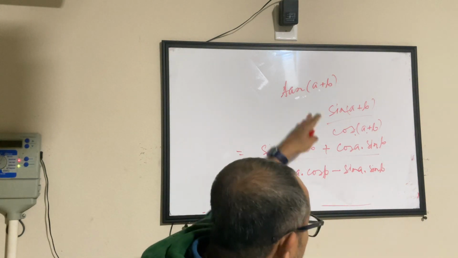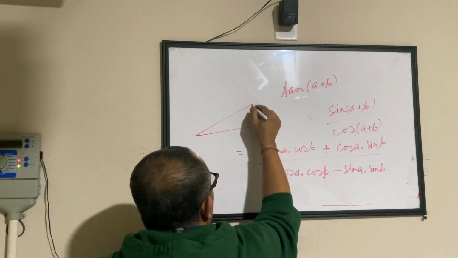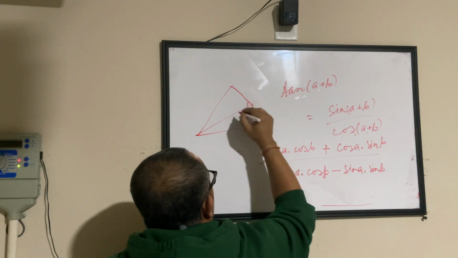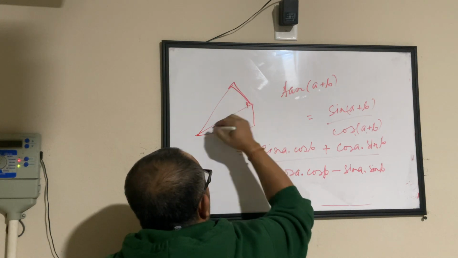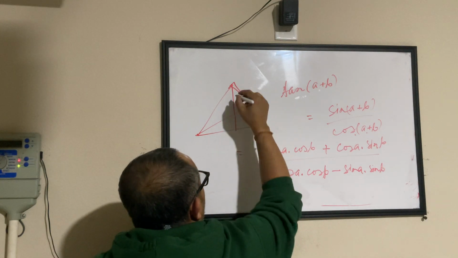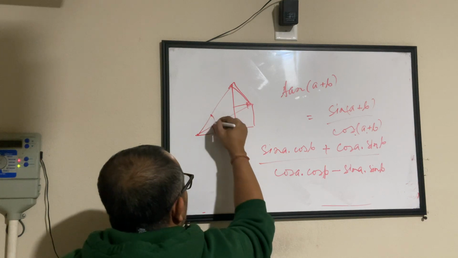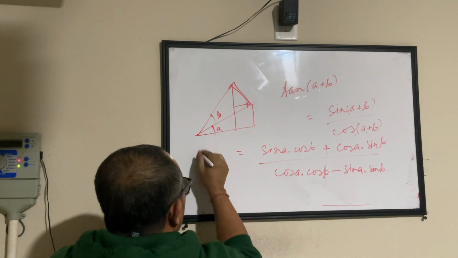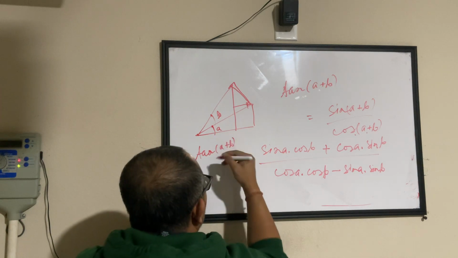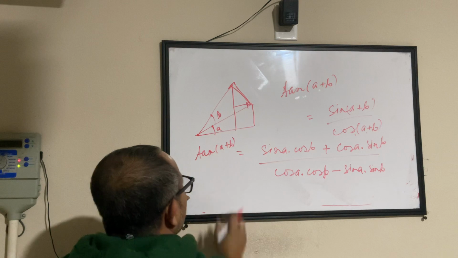So from this you can derive, or use the same magical diagram that I have drawn. So A plus B, this is A, this is B. So tan of A plus B will be what? This divided by this.